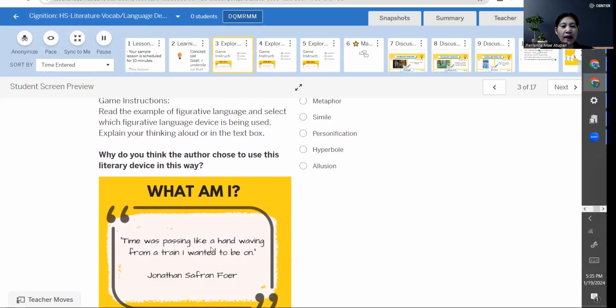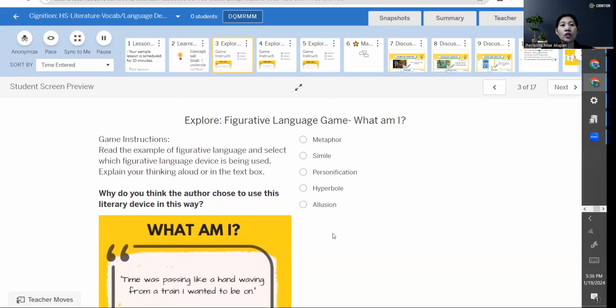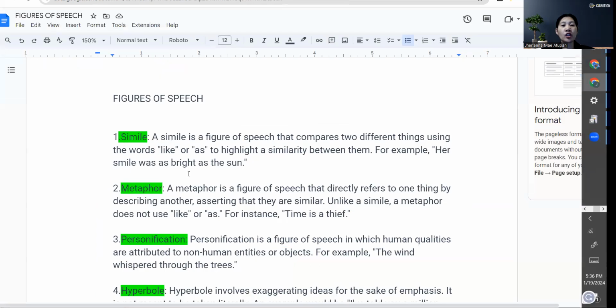Time was passing by like a hand waving from a train I wanted to be on. There are two things being compared here: time, and a hand waving from a train. Time, like a hand. There is a word here, the word like.